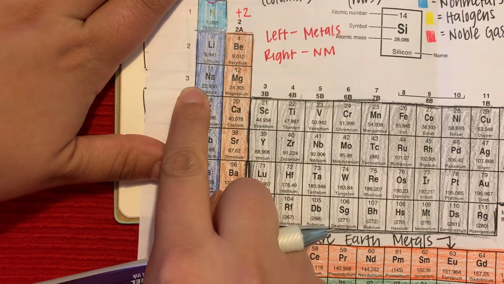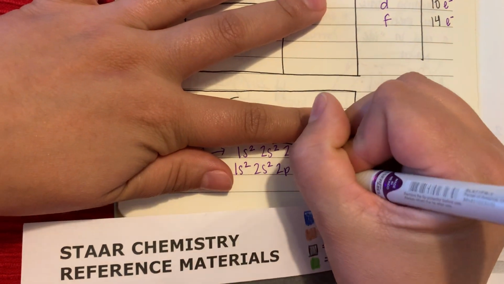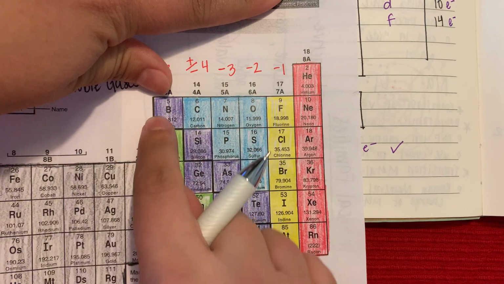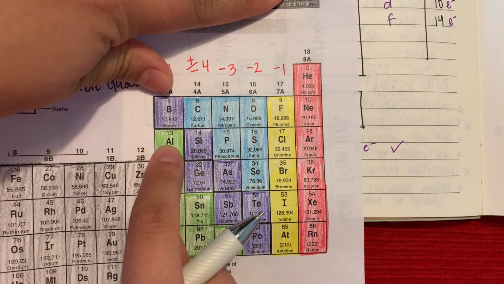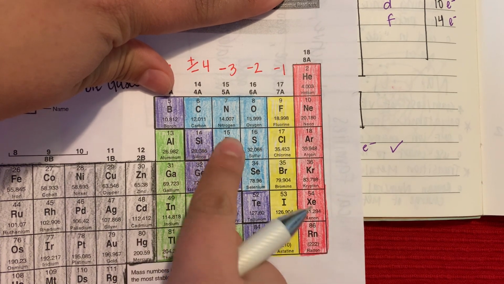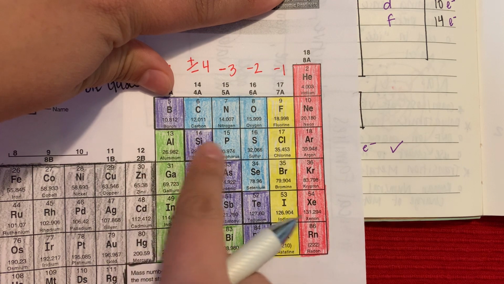Row 3 now, moving on. So row 3, 3s2, we're still not there. Still in row 3 until we get to phosphorus, 3p1, 3p2, 3p3. We stop. We don't have to write 3p6 because we only have 15 electrons to account for.